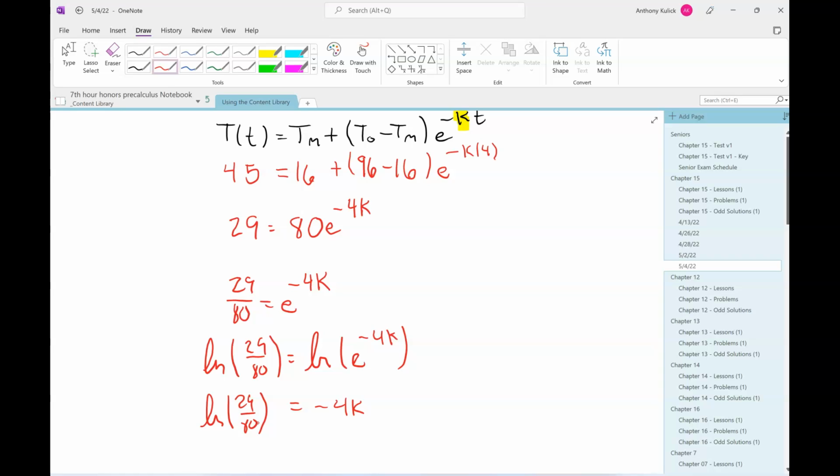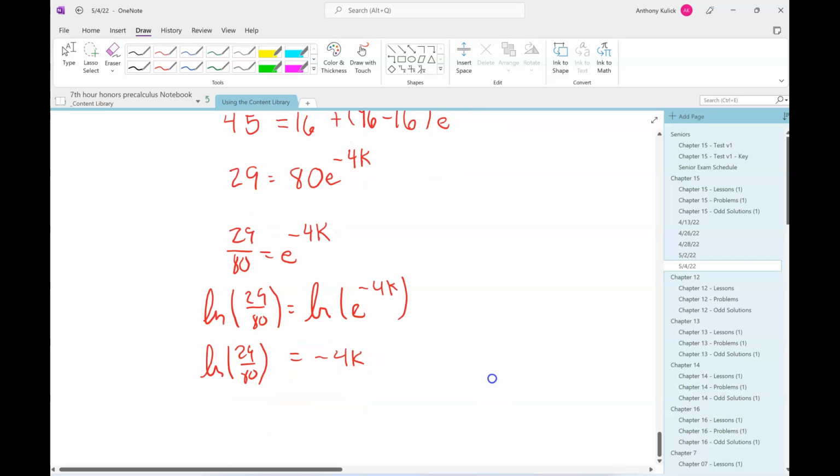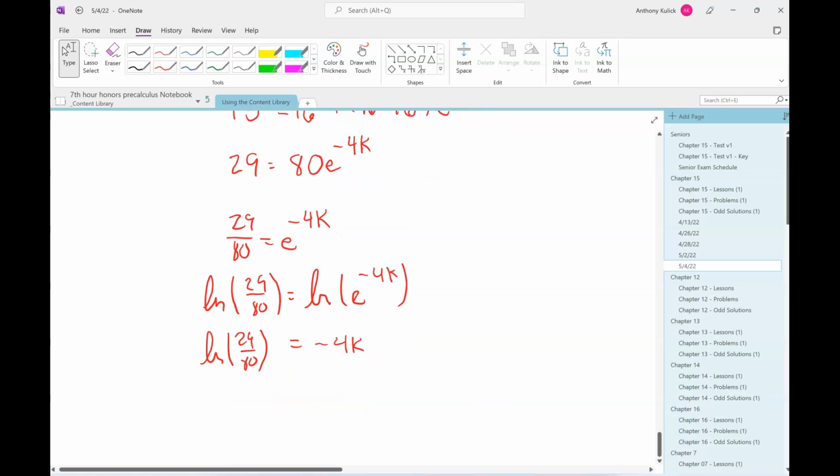And then my last step would be to divide by negative 4 both sides. Yeah, excellent. I'm going to write it as multiplying by a reciprocal, though, because I don't want to confuse myself later if I look back at this and wonder, is that dividing by negative 4 happening inside the logarithm or outside the logarithm?